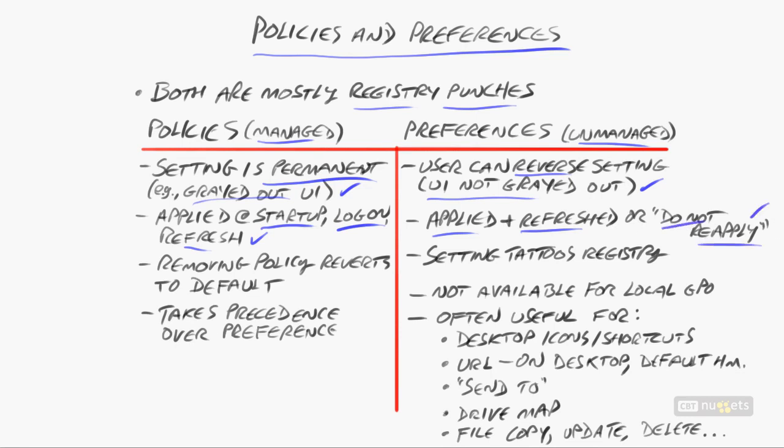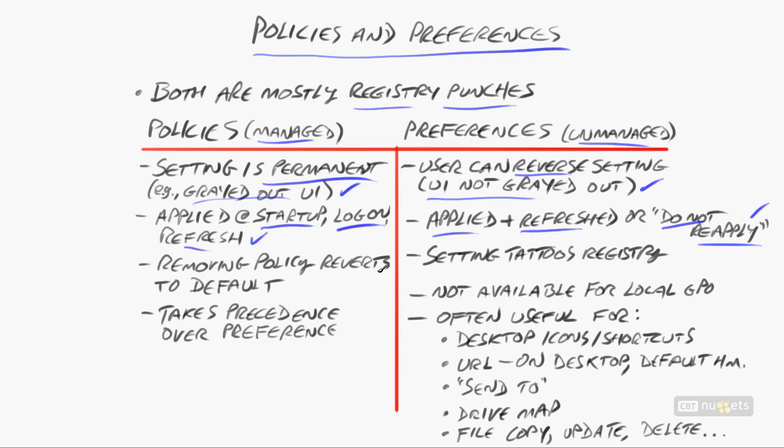This means that I could remove a setting, and then when the policy refreshes again, it will never reapply it. This is kind of useful if you have a suggestion for the user, for example. Maybe you want to suggest that they have a certain shortcut on their desktop. If they decide to delete that shortcut and you have the setting do not reapply, that shortcut will never reappear. Otherwise, it could still reapply when a refreshing of the policy takes place.